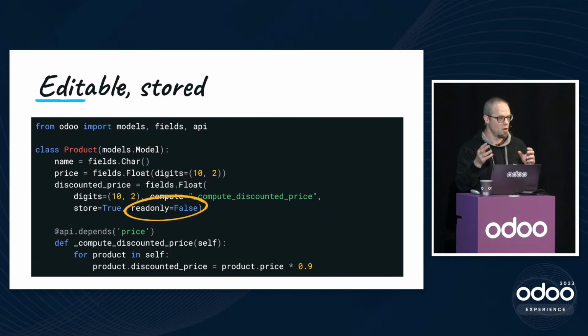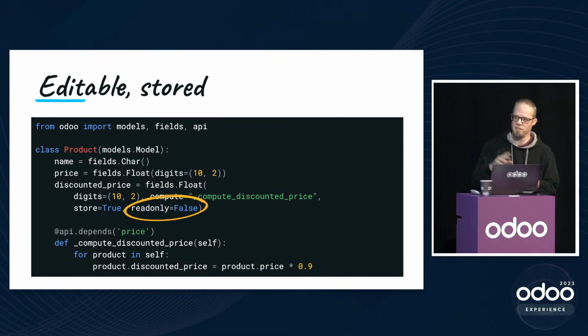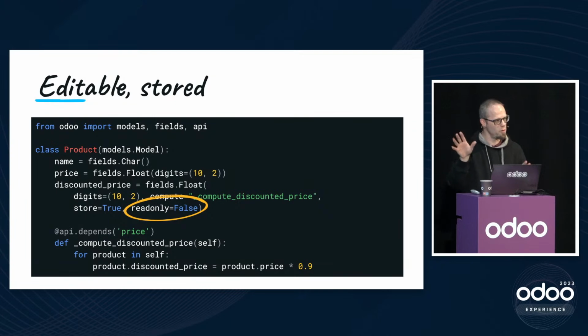So that's a kind of computed default value. And if you modify the dependencies without giving an explicit value to discount price at the same time, it's recomputed to maintain the value up to date. But if you provide an explicit value, you get that value. So this is a very convenient way of performing a default value computed from other fields.